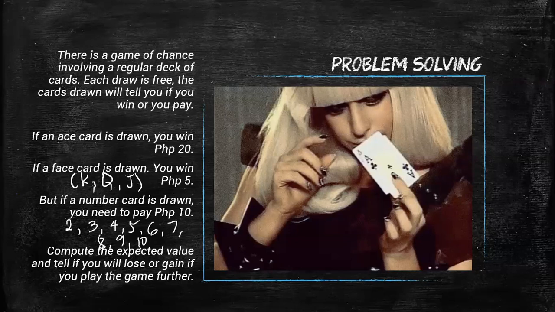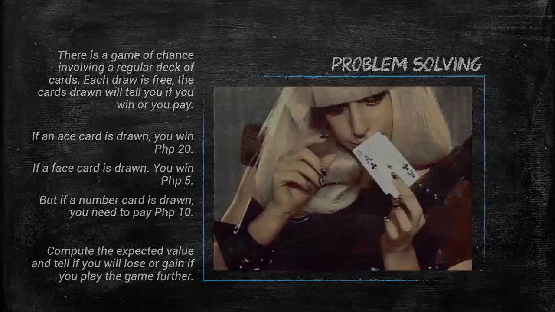Ayan. Compute the expected value and tell if you lose or gain if you play the game further. Malalaman natin yan kung malulugi ba tayo or tutubo. Okay, kasi libre lang naman ang pagkuha, di ba? Pero little did we know, nalulugi pala tayo. Di ba? Another scam na naman ito.